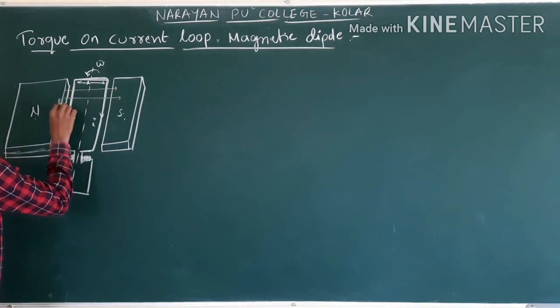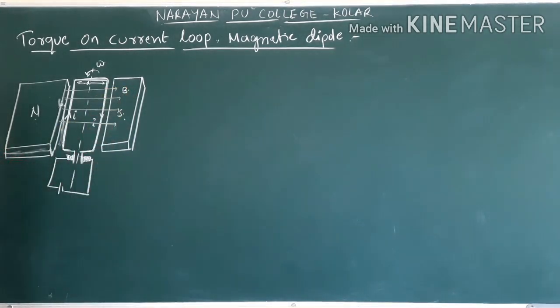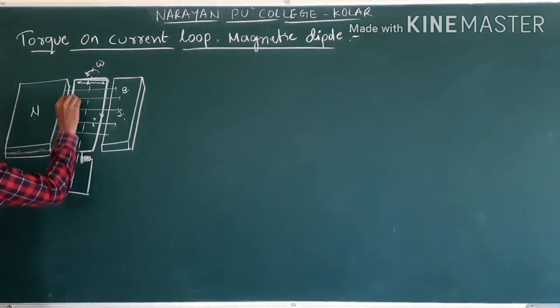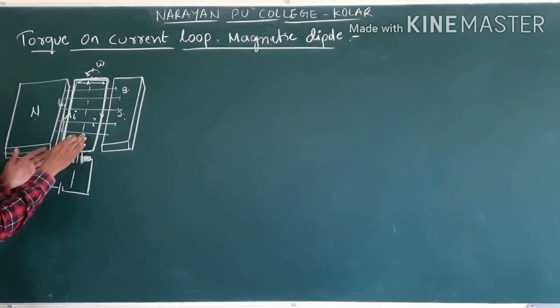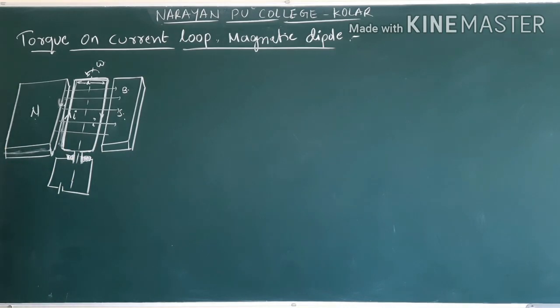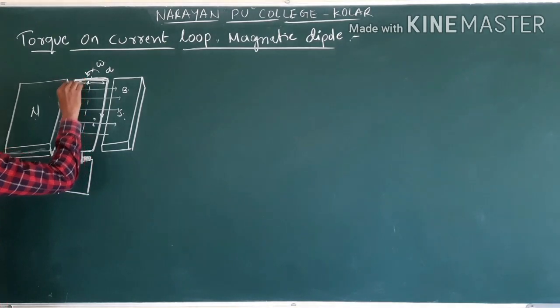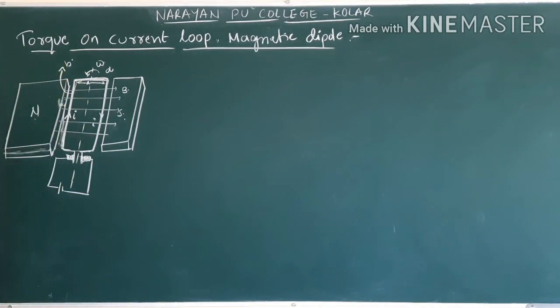The field always acts from north to south, like this. This is a rectangular coil or circular coil, depending on the practical use, but here we take a rectangle. This side length is small a, and this length is big.